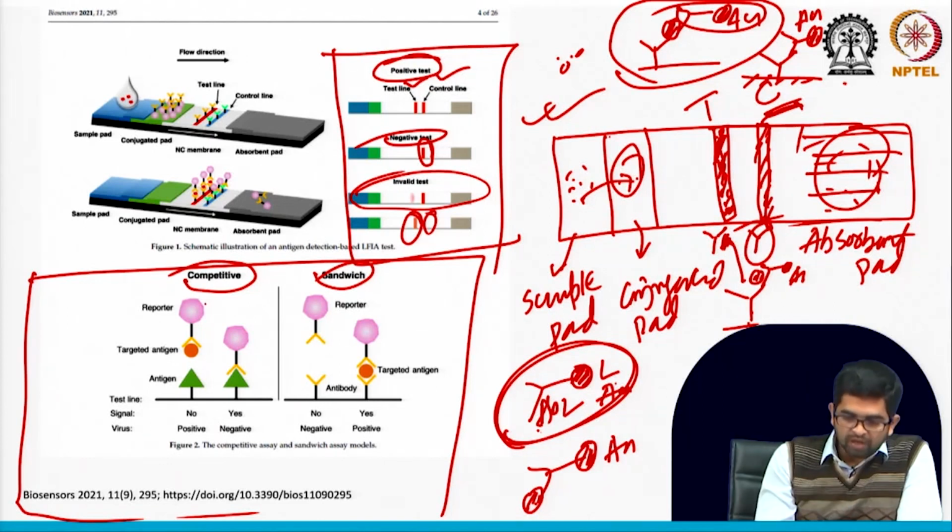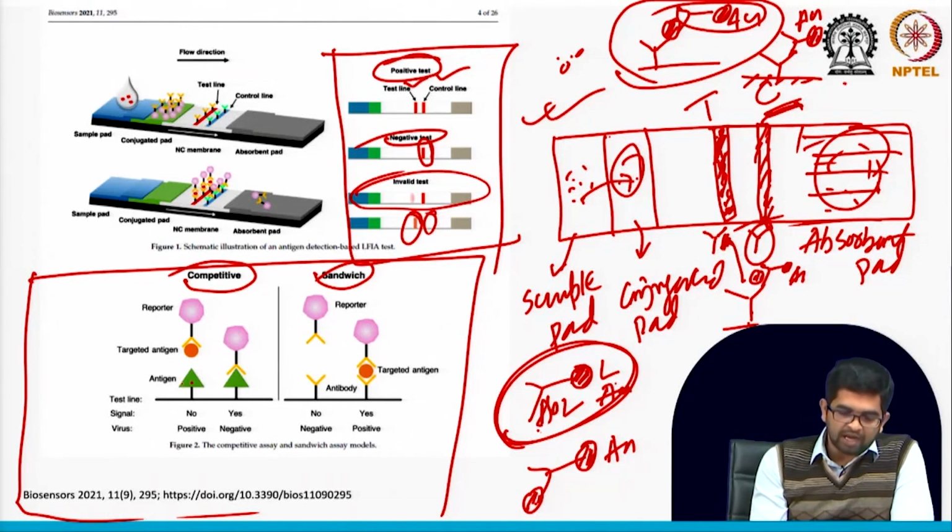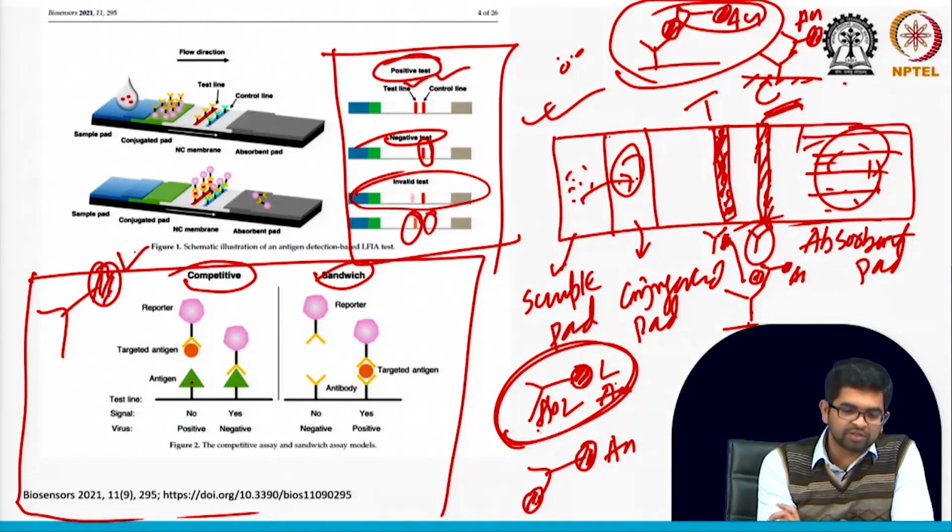Competitive means on your test line you can use some antigen that is already bound. Your reporter, like the secondary antibody, is conjugated with some label, that is gold, suppose.